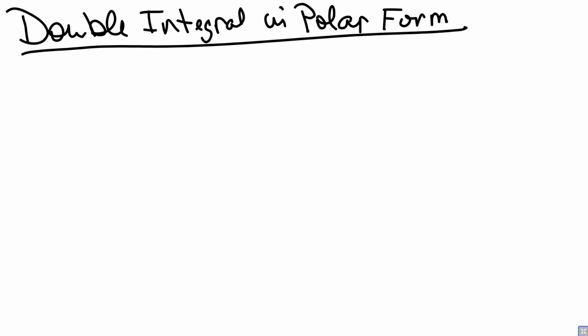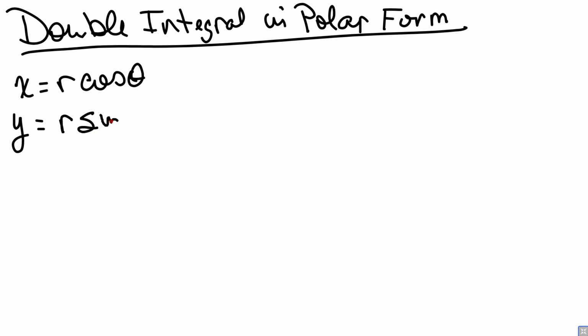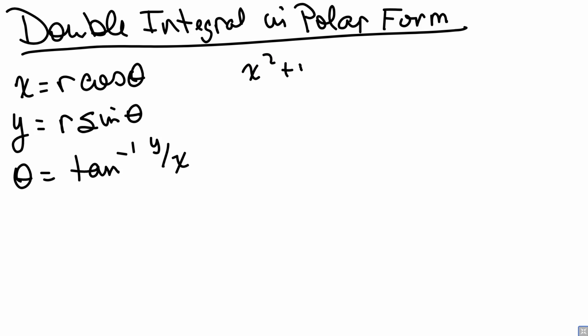All right. So a couple of things that we need to remember. One, that x is equal to r cosine of theta. y is equal to r sine of theta. Theta is equal to the tangent inverse of y over x, and that x squared plus y squared is equal to r squared.